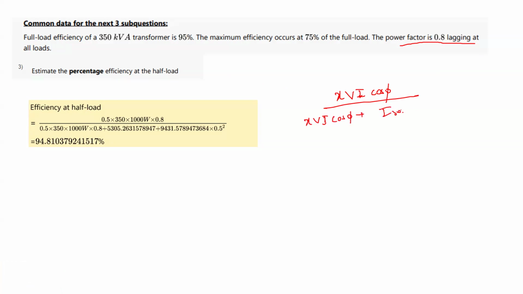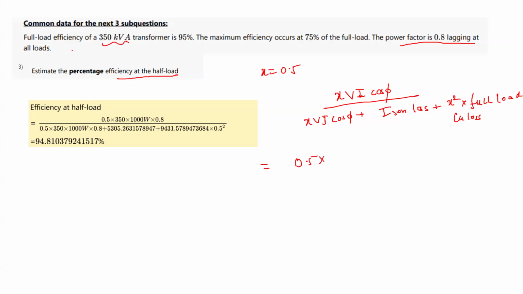plus iron loss plus x square full load copper loss. So what is x? Because we have to do it at half load, you have to take x as 0.5.